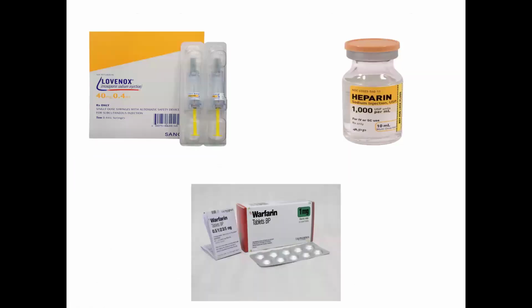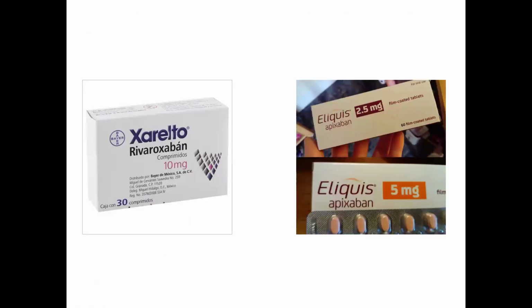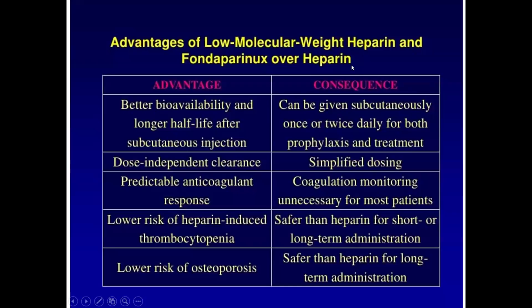These are some of them: heparin, Lovenox, and warfarin. The new DOACs here, Eliquis, and rivaroxaban or Xarelto. And then these are the advantages of low molecular weight heparin over heparin.